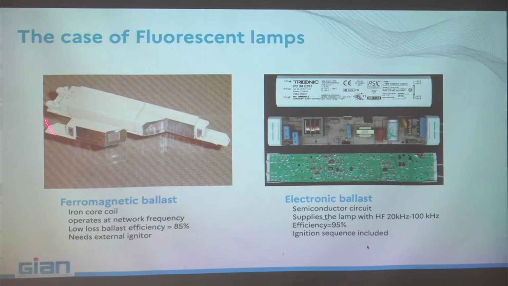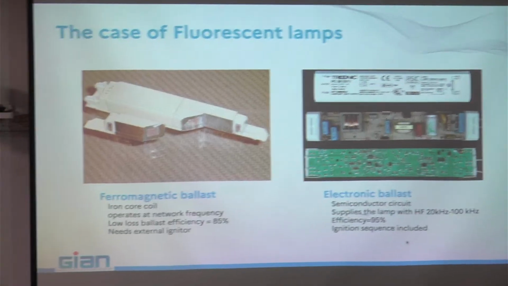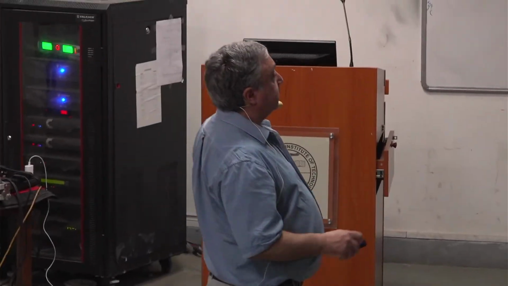This ballast is not able to ignite the lamp. It can provide 400 milliamps of stabilized AC current, but it is not able to provide 2000 volts to ignite the fluorescent lamp.